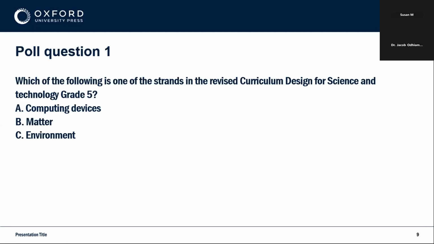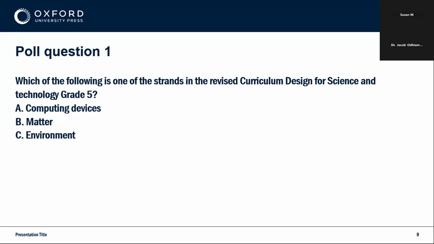Environment also as a strand is no longer in grade 5, but the content of environment, as we have seen, is incorporated under living things. Now, matter is one of the strands. So matter is the correct response. It is one of the strands in the revised curriculum design for grade 5. I think we can continue. Thank you very much, participants.